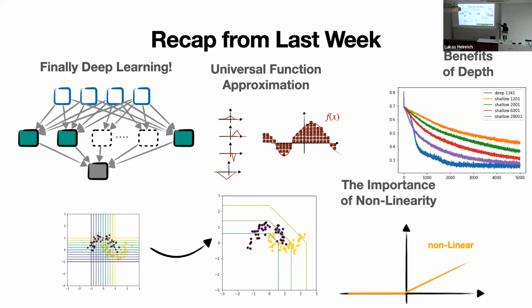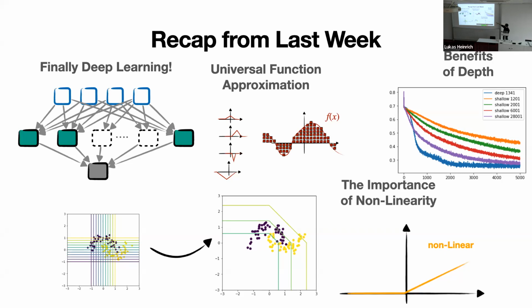Okay, so then we have our non-linearity. The key difference is that instead of just stacking linear compositions on top of each other, we added non-linearities. The easiest non-linearity that we talked about is the ReLU, which you can see here. And then at the end of the lecture, we talked a little bit about the benefit of depth.